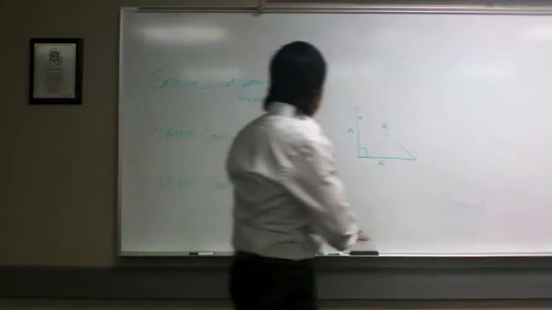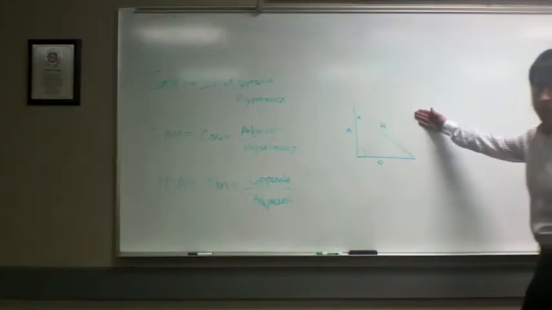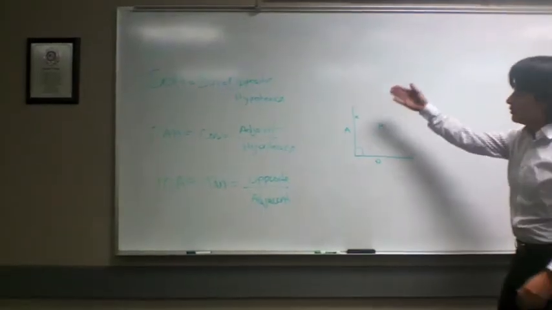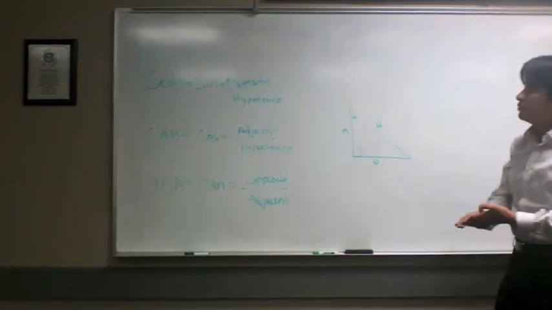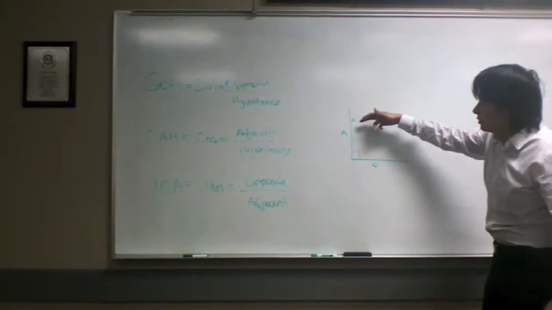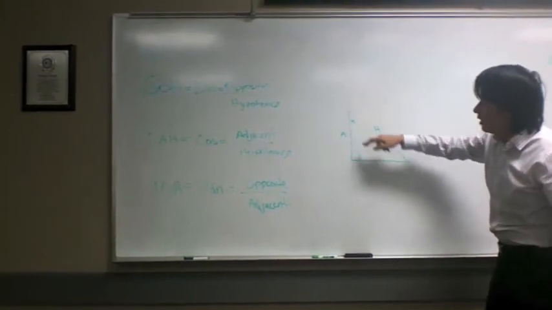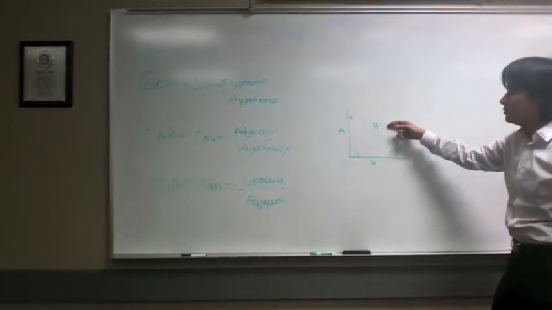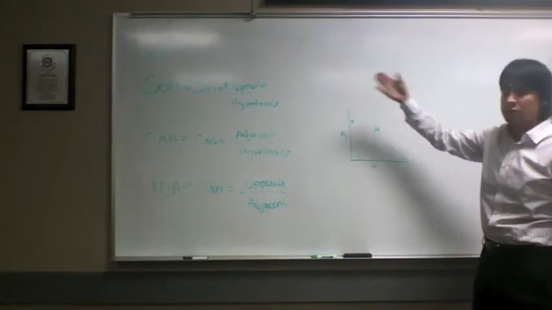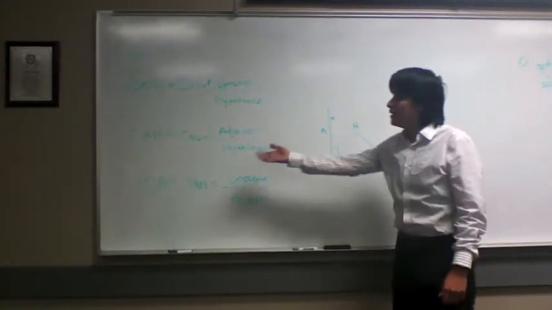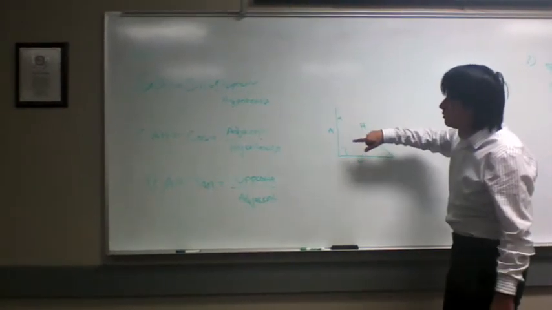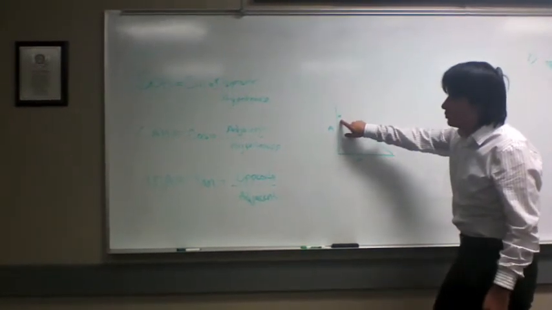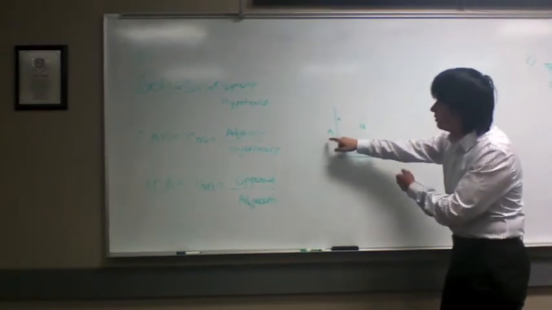Like right here, for example, in this triangle, if our angle is x and if our angle is right here, in order to find SO, we will use this angle, which will be opposite over hypotenuse. Then to find CAH, given this example, our x will be here, then CAH will be adjacent over hypotenuse.